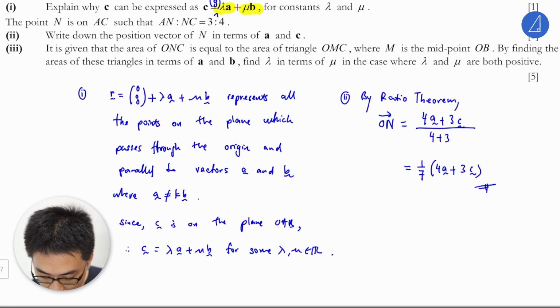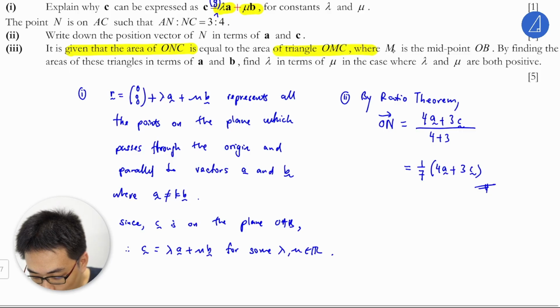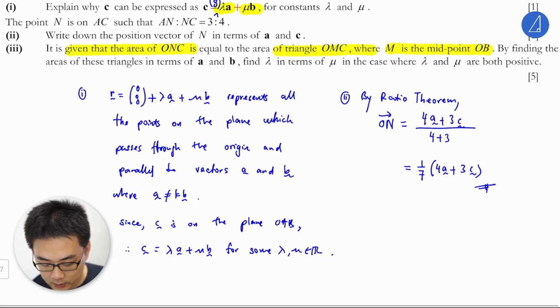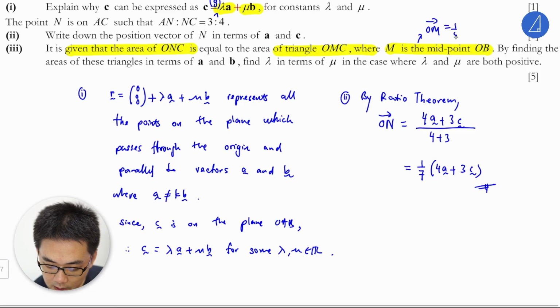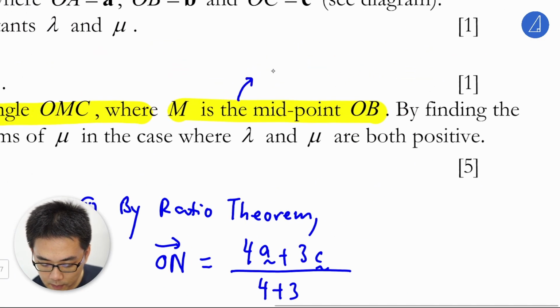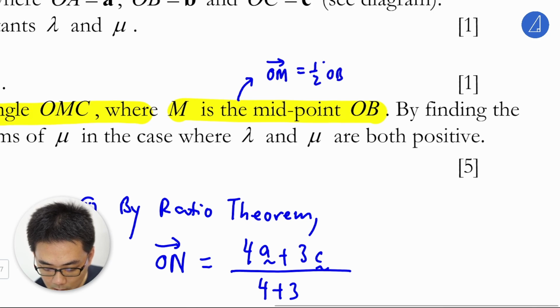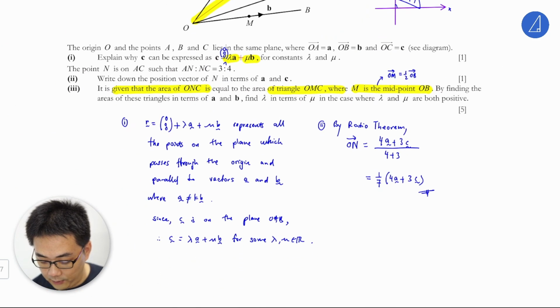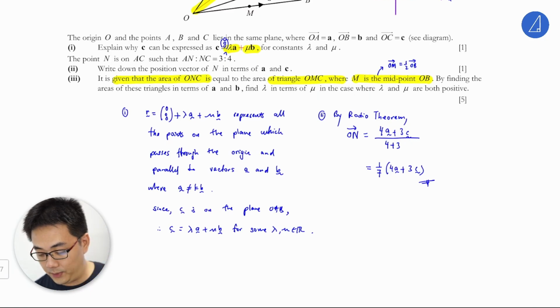Given that the area of ONC is equal to the area of OMC, where M is the midpoint of OB, OM is half OB, not an issue. Then by finding the area of these triangles in terms of A and B, find lambda and mu.